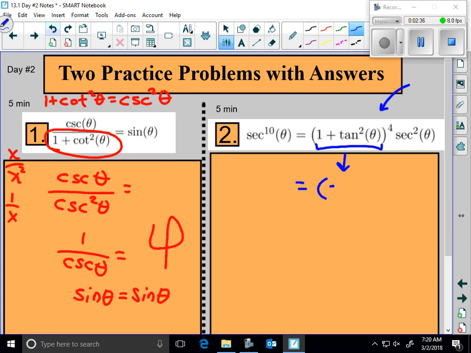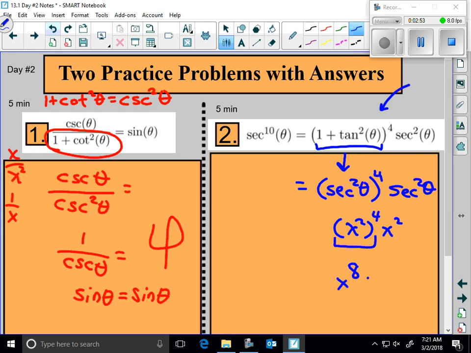That's going to be secant squared theta, based on one of our identities, to the 4th times secant squared theta. Now, just to parallel this, I want to look at this. What would that be? Well, that would be x to the 8th times x to the 2nd, which is x to the 10th. We add those exponents. Ooh, secant to the 10th.